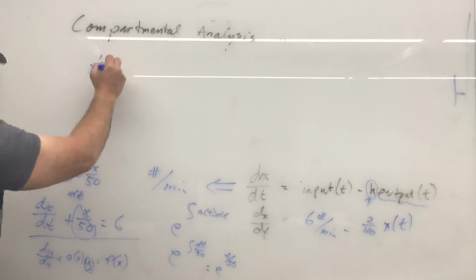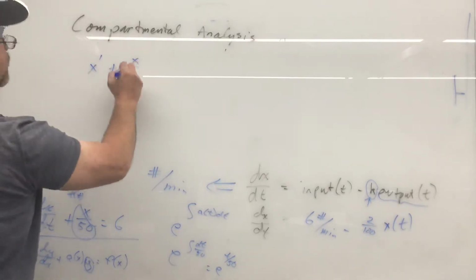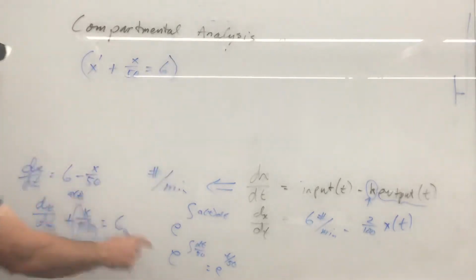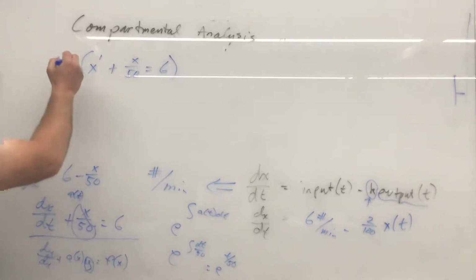x prime plus x over 50 equals 6 was the equation we started with. Multiply based on the integrating factor, e to the t over 50.